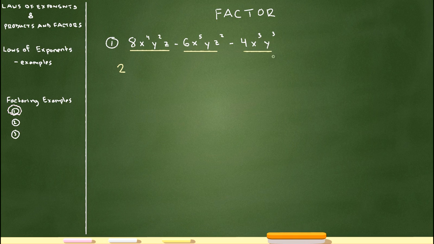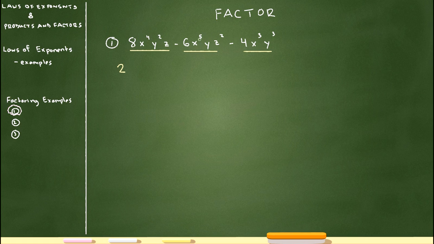Now, the piece you can take out is going to be the lowest degree variable here. In this case, we have x cubed. So x cubed goes into x to the fourth, because you can multiply this by x and it goes into there.